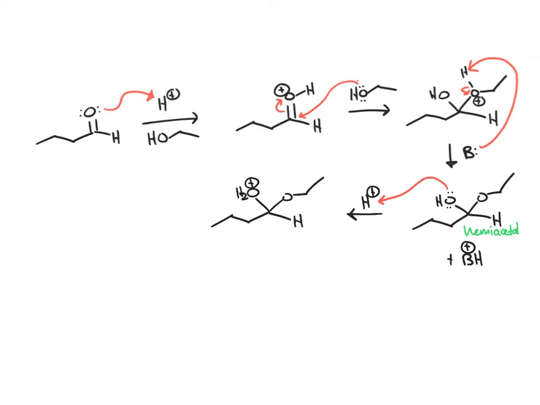All right, from there, now you have water as a really good leaving group, so we do an assisted leaving group departure where you use the lone pair on the neighbor oxygen. So bring that down, lose water.